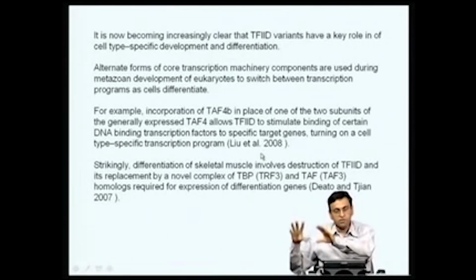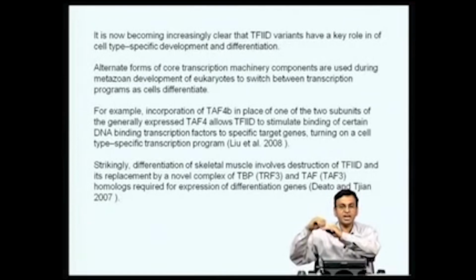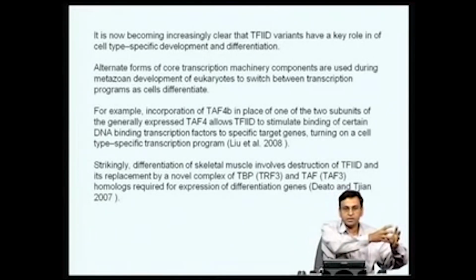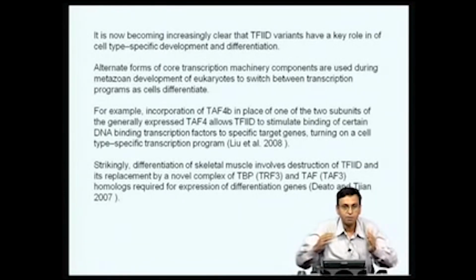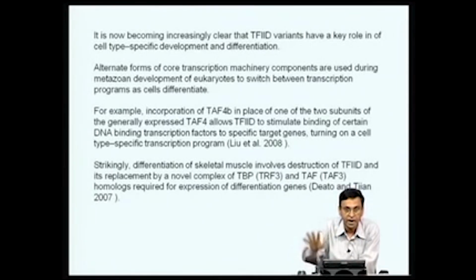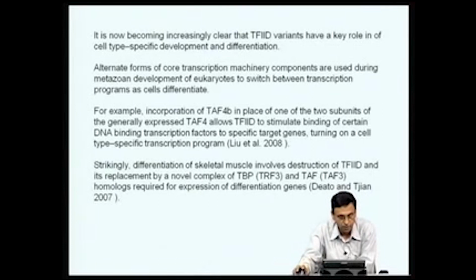So, for example, in some of these gonadal tissues, by simply expressing a TAF4 variant, this TAF4 variant is now able to interact with a specific subset of transcription factors, and therefore is able to drive a specific developmental program or a specific cell type specific fate at that particular time or space during development.